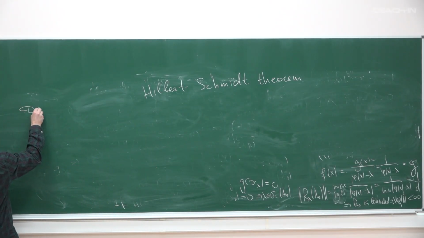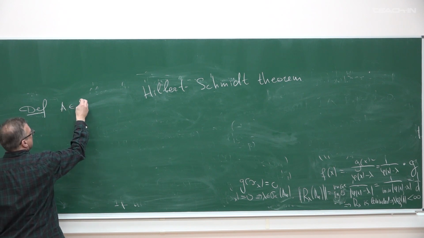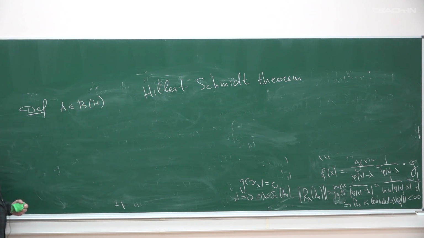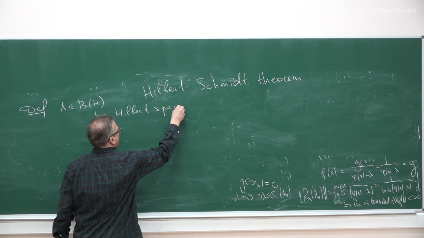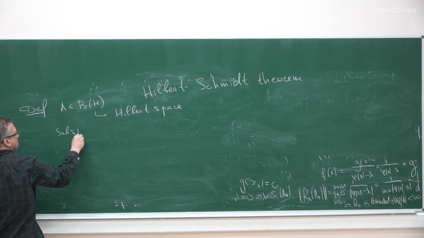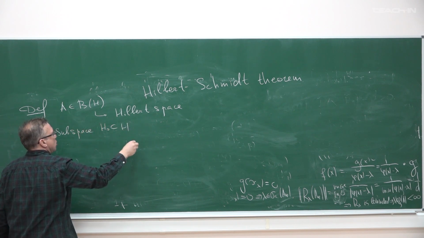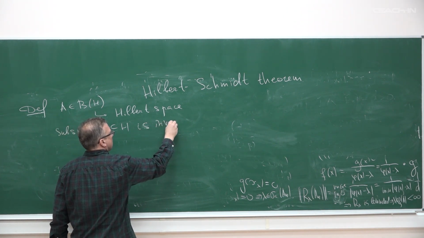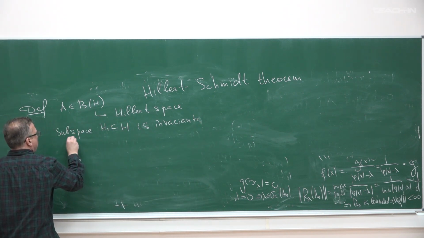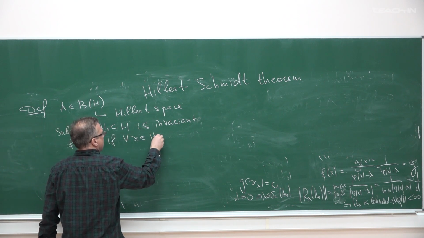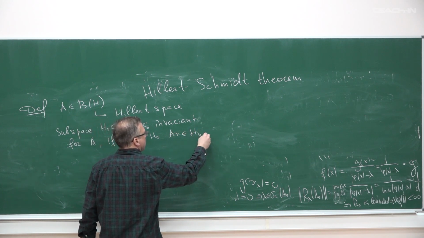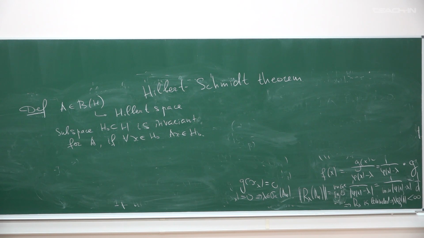First, a definition. Let A be bounded in Hilbert space H. A subspace H0 lying in H is invariant for A if for any x from H0, Ax lies in H0. You take a vector from the subspace and the result lies again in the subspace.